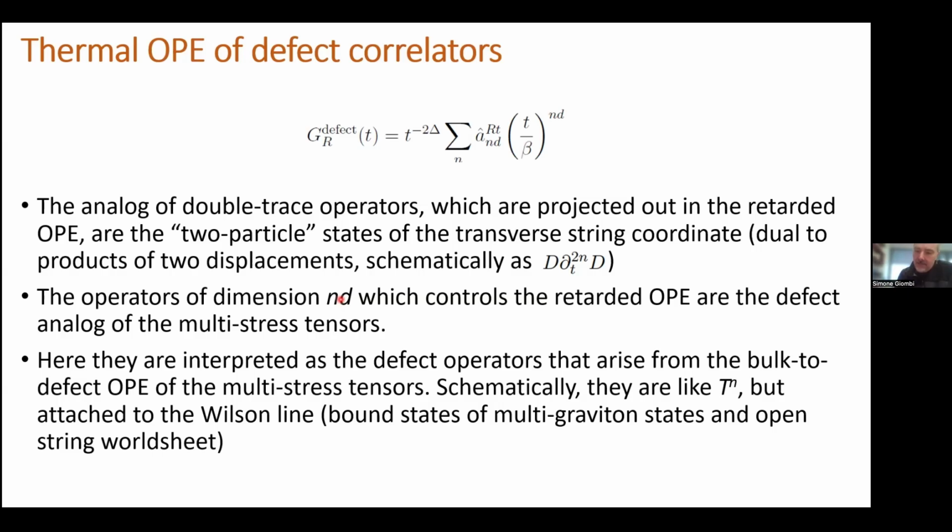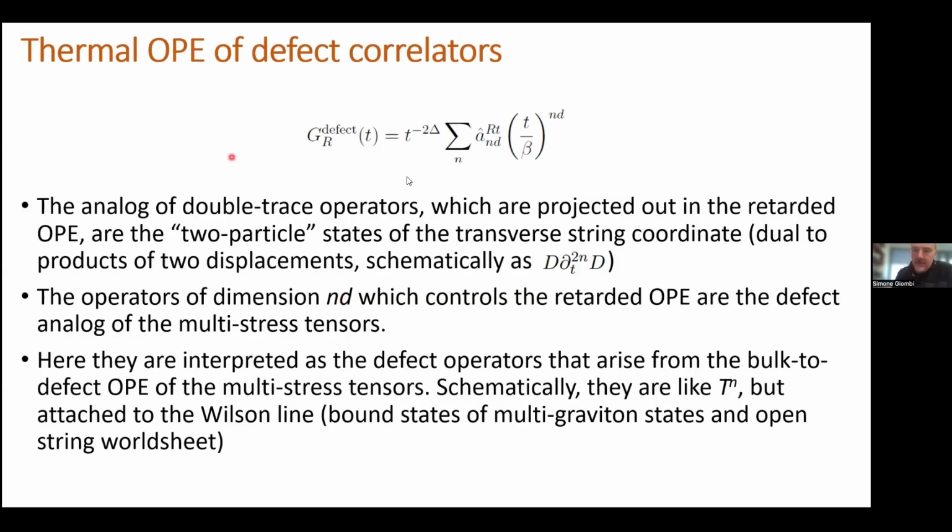So it's some kind of higher trace, multi-trace version of the defect operator where you have the path ordered trace, but then you also attach this trace of stress tensors to the Wilson line. And physically, you can think of this as bound states, in the bulk, of multi-graviton states and the string worldsheet. So the interpretation requires some thought, but the mathematics is the same as the one you see for bulk scalars.